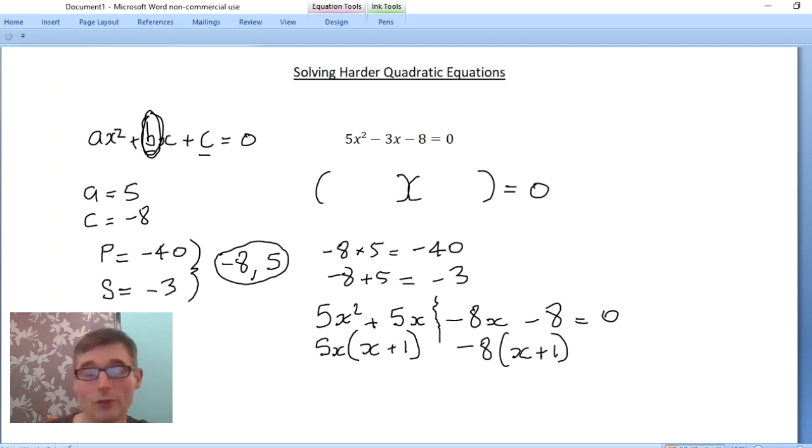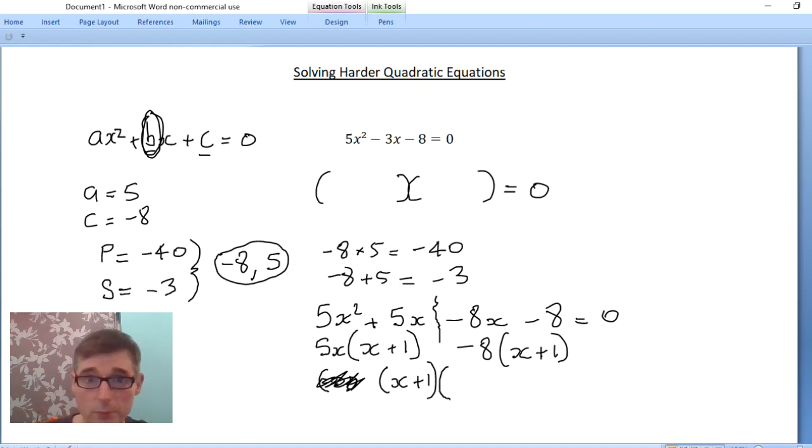Now we repeat that process. We factorise the equation as a whole, and we can see we've got an x plus 1 in both parts. So we can take that out to the front: x plus 1. Let's try that again. x plus 1. Then open up a second bracket.